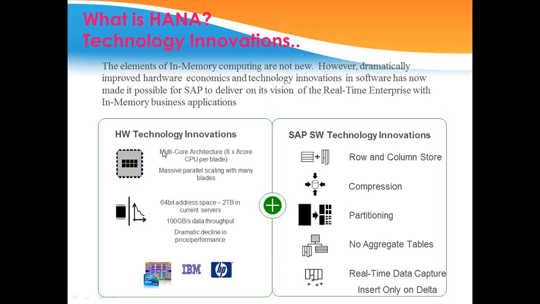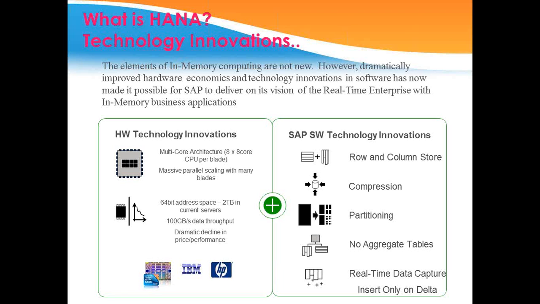As I told, it's a combination of hardware technology and software technology along with the database. The speciality of this hardware is mainly the multi-core architecture. You know that if you have more CPUs, the query can be processed easily because of the cores inside, and the data processing will be very fast with the parallel mechanism.